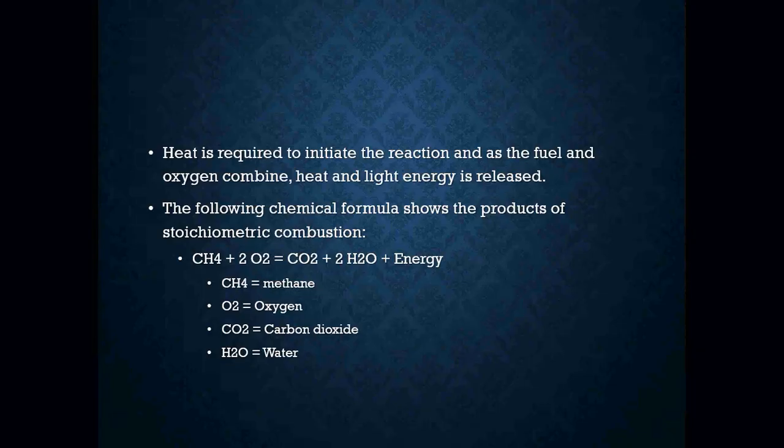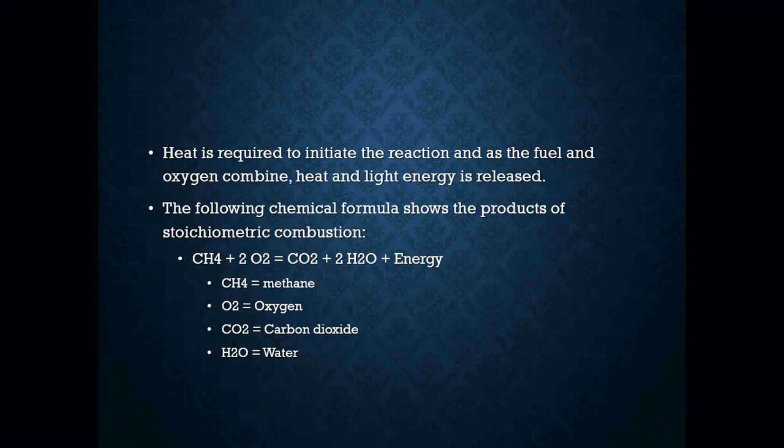So, heat is required to initiate the reaction as the fuel and oxygen combine. And heat and light energy is then released once I have ignition. The following chemical formula shows the products of stoichiometric combustion.